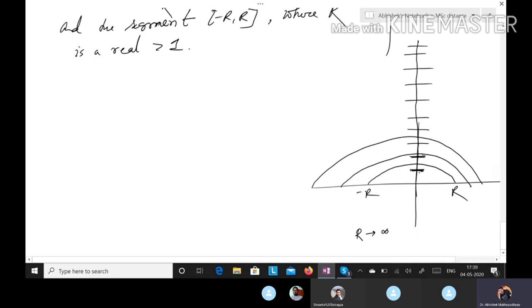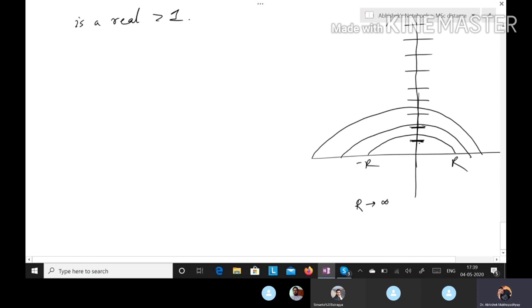So the trick is that you need to consider a path which is like a rectangle. Now if we let R go to infinity, then this rectangle will enlarge horizontally.